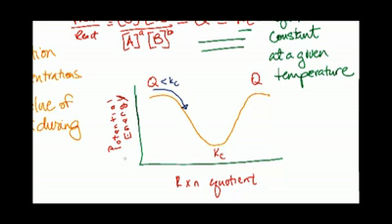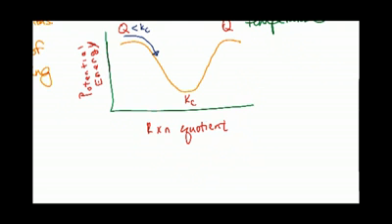So if they ask the question, if Q is less than Kc, we would need to move the reaction quotient to the right.